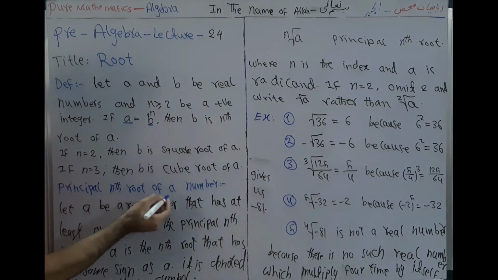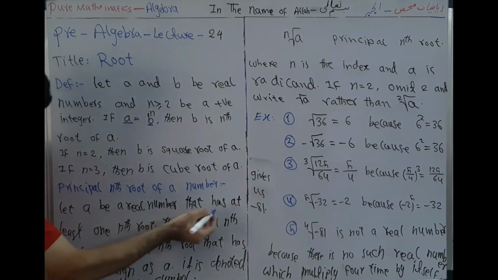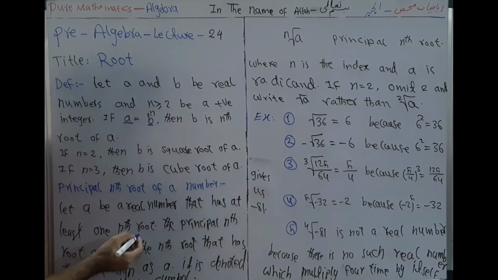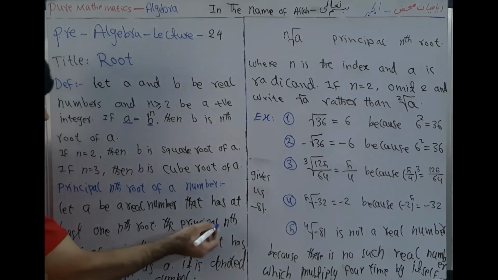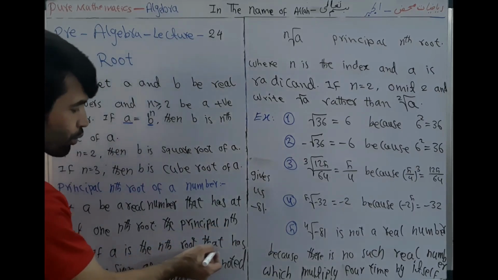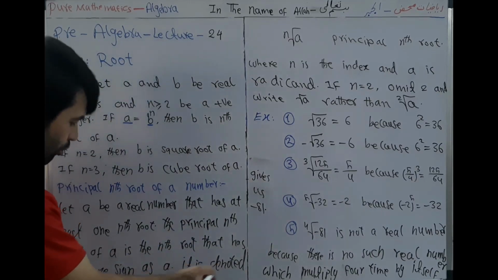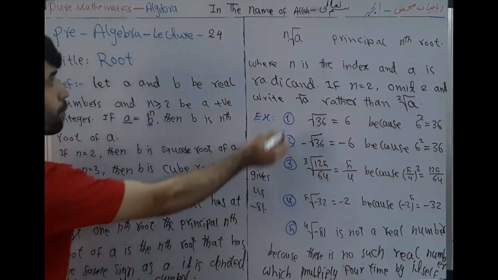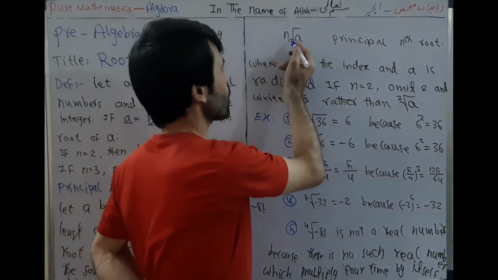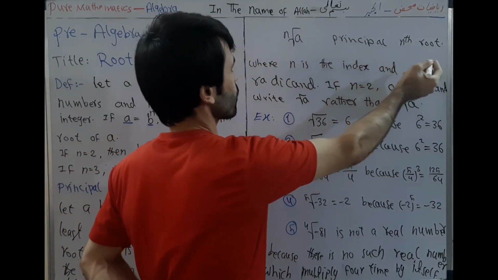Principal nth root of a number. Let a be a real number that has at least one nth root. The principal nth root of a is the nth root that has the same sign as a. It is denoted by a radical symbol. Nth root of a is called the principal nth root.